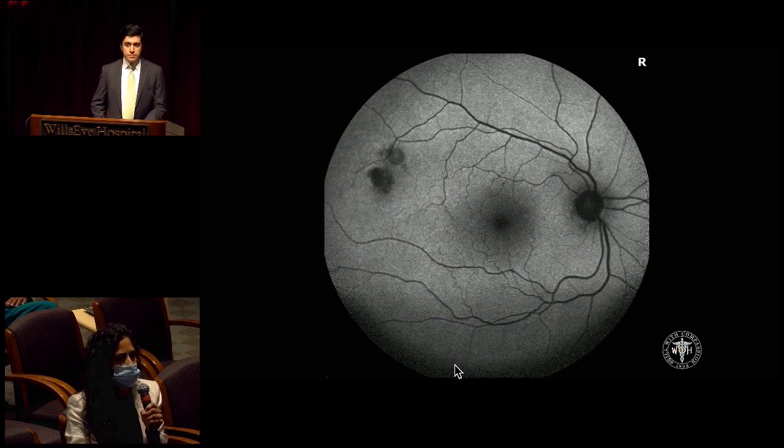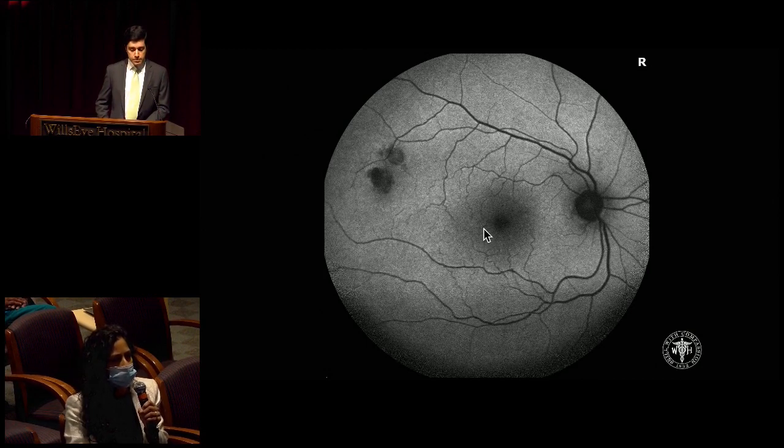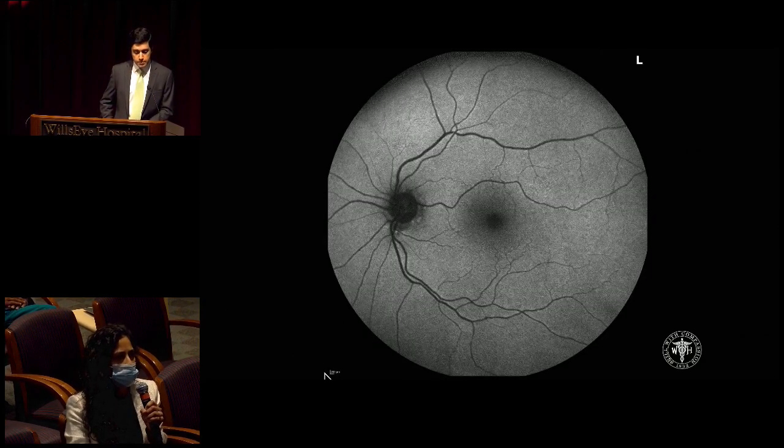Fundus autofluorescence of the right eye. Macula actually looks relatively normal. Maybe you can see some representation of that radial pattern that we saw here, maybe in the temporal, just temporal to the fovea, and then we have these round hypoautofluorescent areas that correlate to those hypopigmented lesions we saw in the fundus photo.